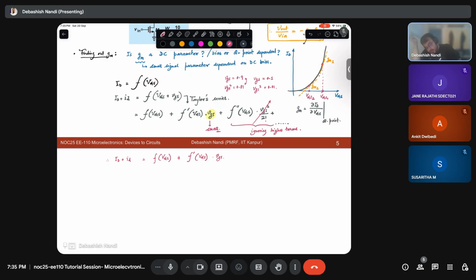So this is my ID, so this I can cancel. So what is your small id? Small id becomes f dash of VGS times small vgs. So what is f dash of VGS?